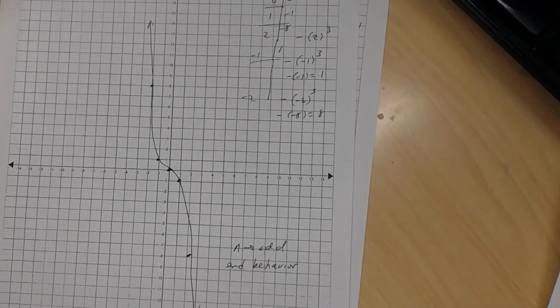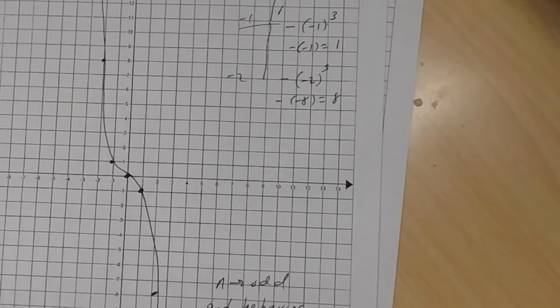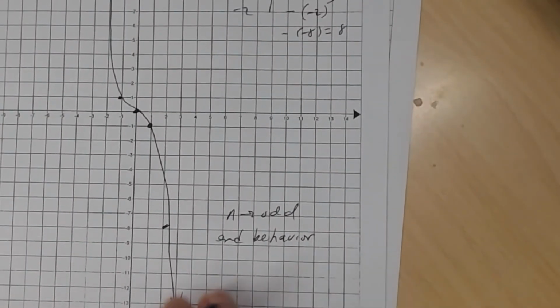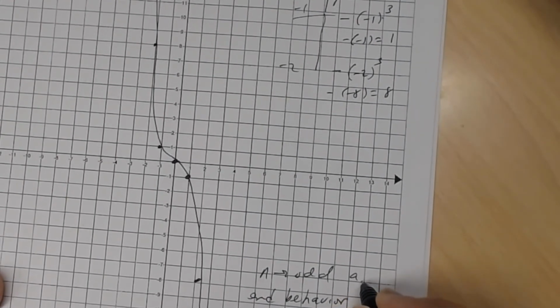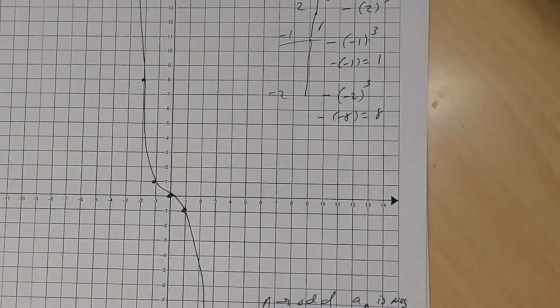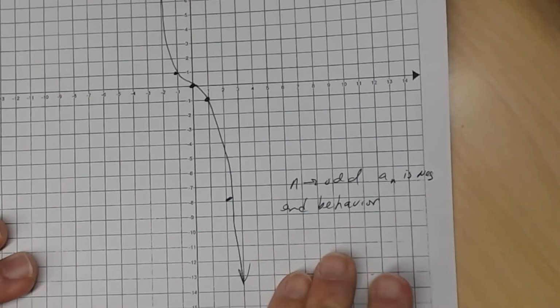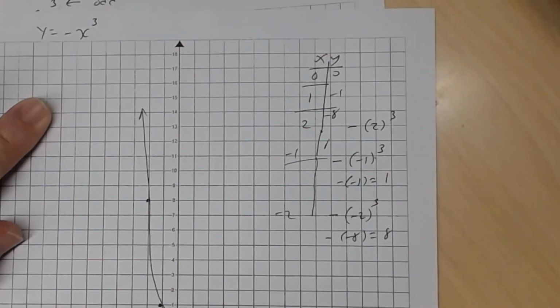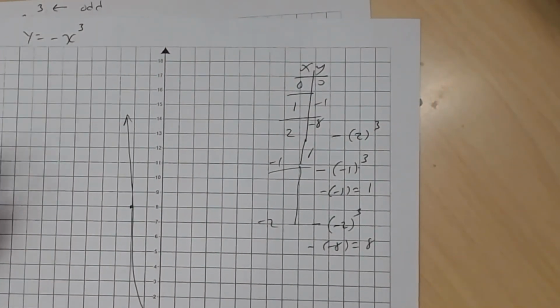The degree is odd, and a sub n is negative. Remember that was negative here. The leading coefficient is negative. Then what happens is that on the right side it falls, on the left side it rises. That's how it's going to look.